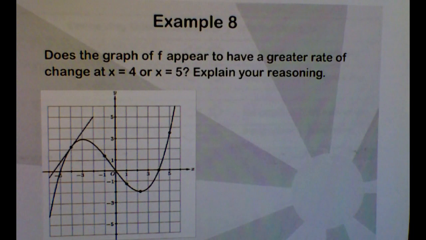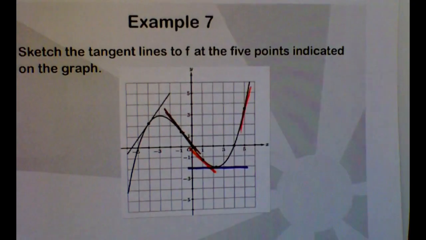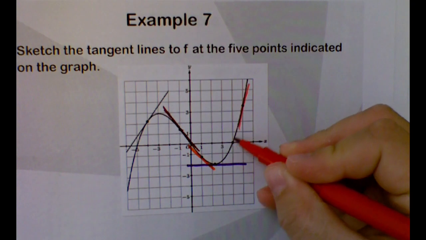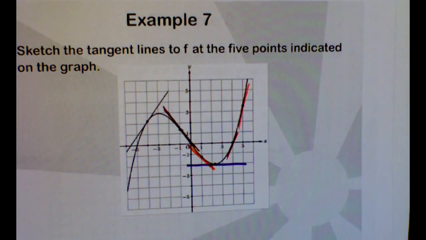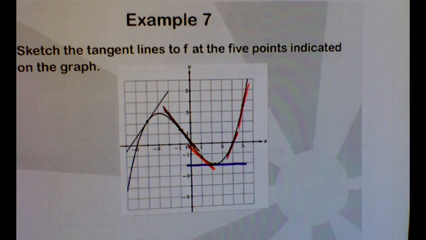All right, does the graph of f appear to have a greater rate of change at x equals 4 or x equals 5? Oh, I missed one on that last one. I apologize. I missed this one. So now when I ask if its rate of change is greater at 4 or 5, well, which one has the steeper slope?